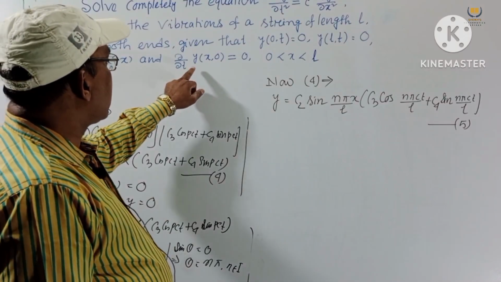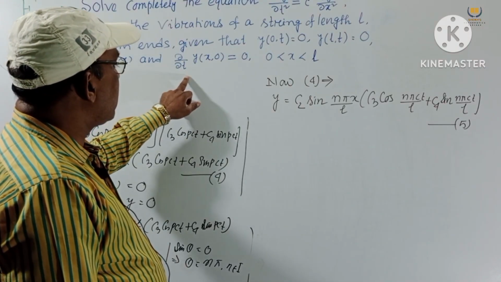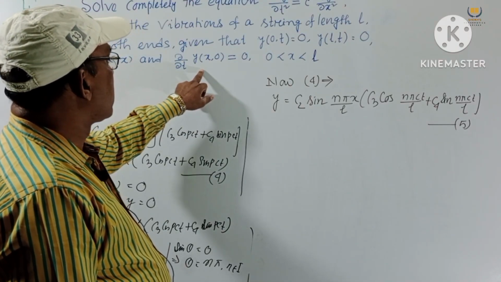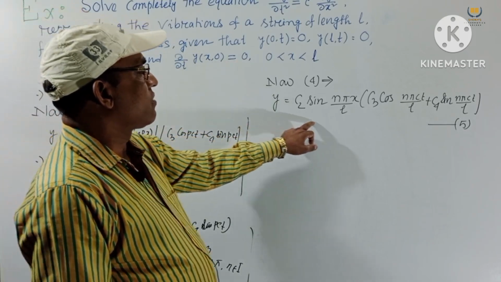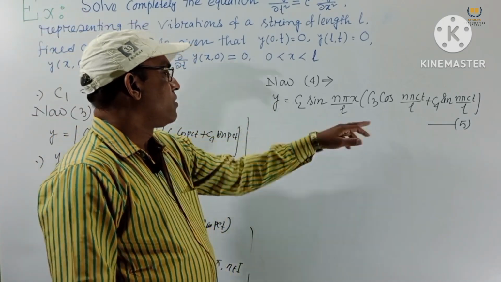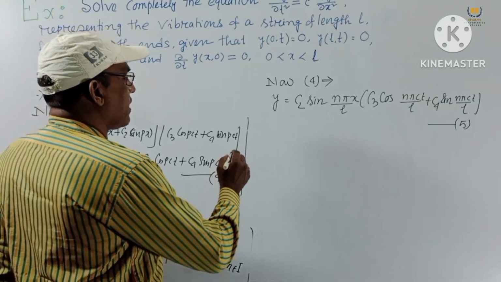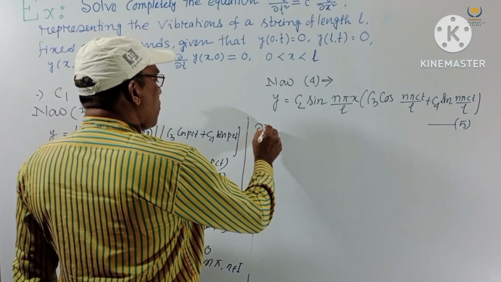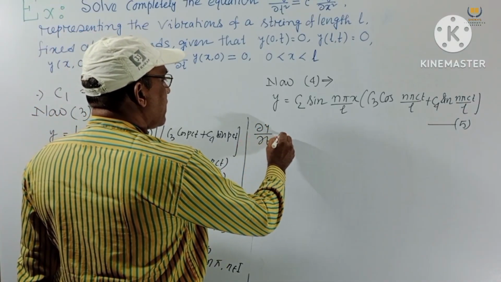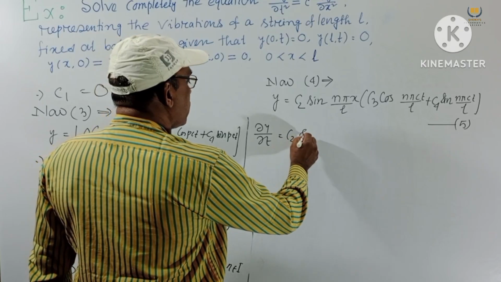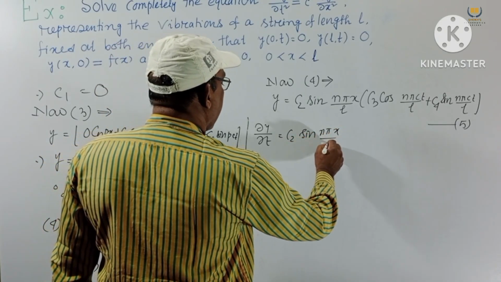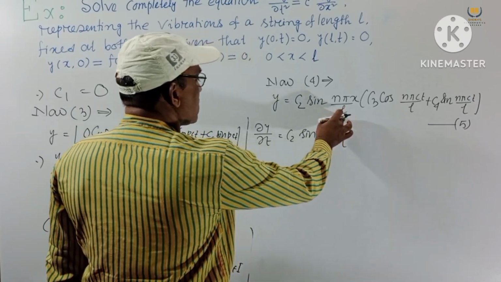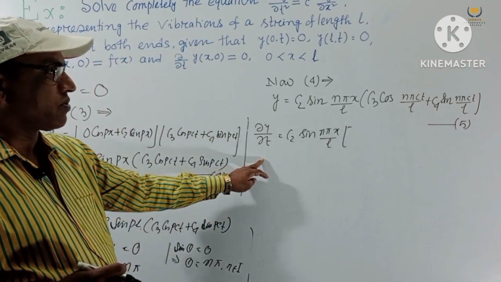Now here del y by del t is given. Del y by del t equal to 0 is given. So we differentiate with respect to t. Now del y by del t, this is c2 sin n pi x by L. This will be constant because we differentiate with respect to t.